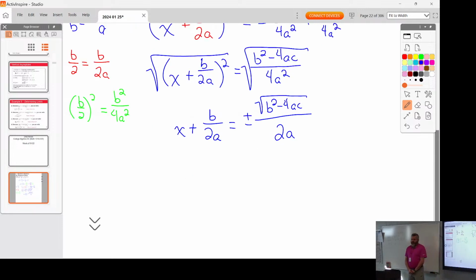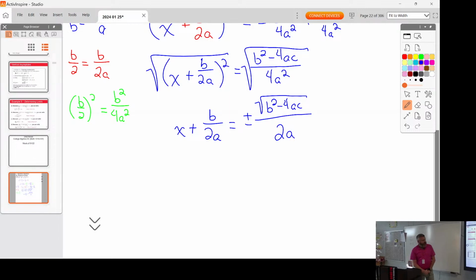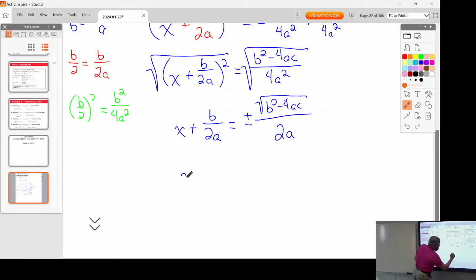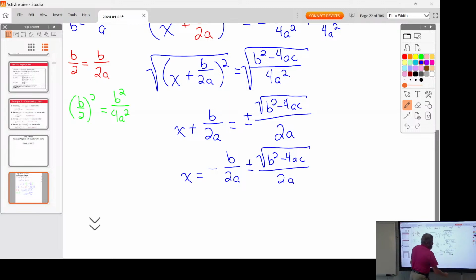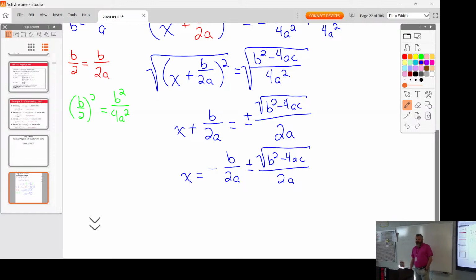Next step. Okay. So x equals negative b over 2a plus or minus the square root of b squared minus 4ac over 2a. Can I combine that? That's two fractions with the exact same denominator.